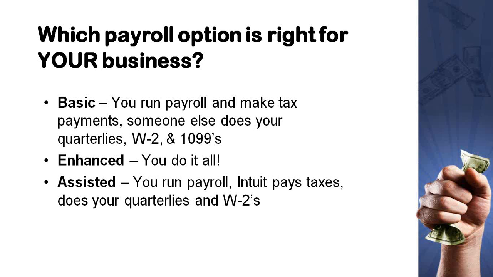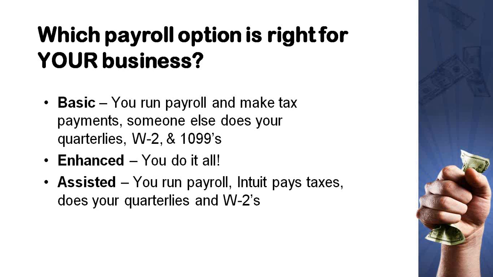Next, we have an enhanced subscription, where you do it all. You run your payroll, make your tax payments, you do your quarterlies, W-2s and 1099s at the end of the year. The plus side with enhanced payroll is Intuit provides you with all the forms that you need to do these quarterlies and year-end filings.